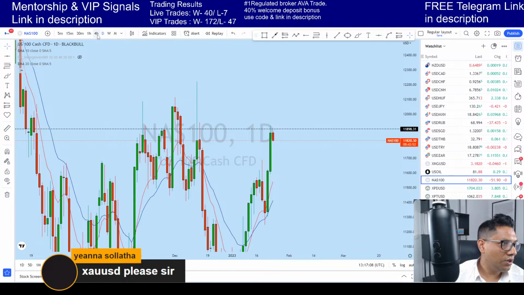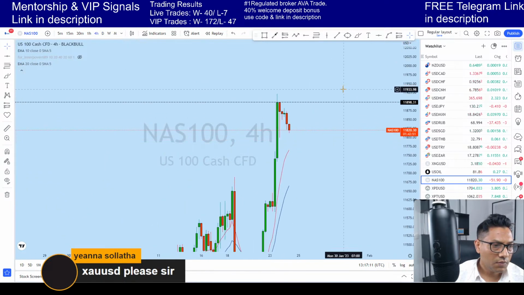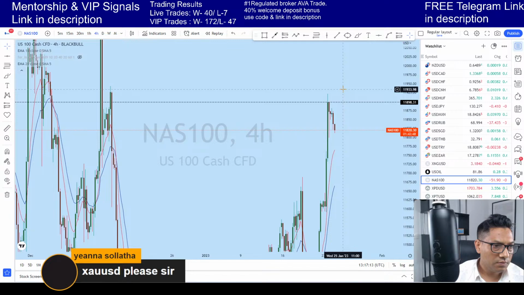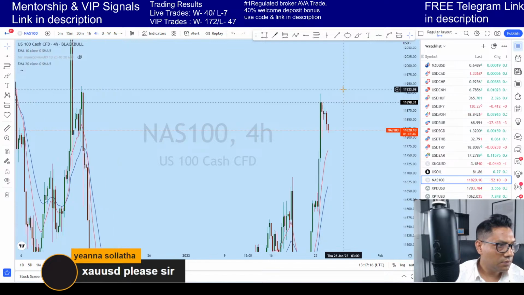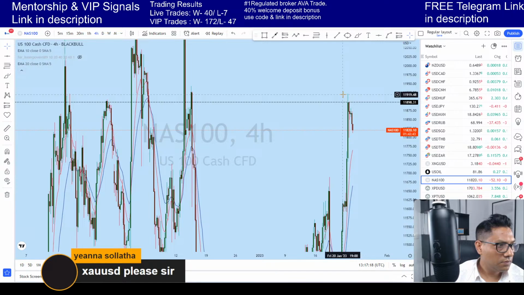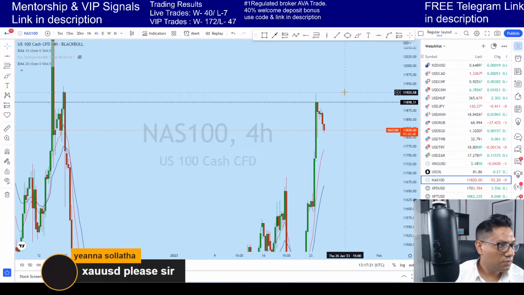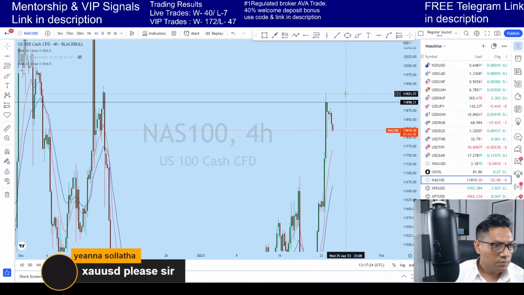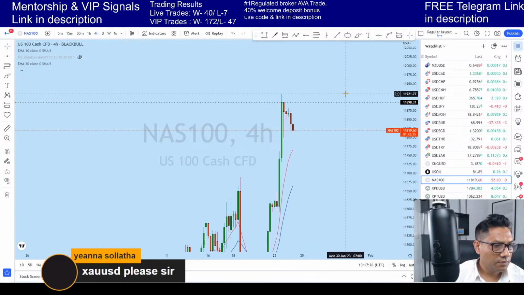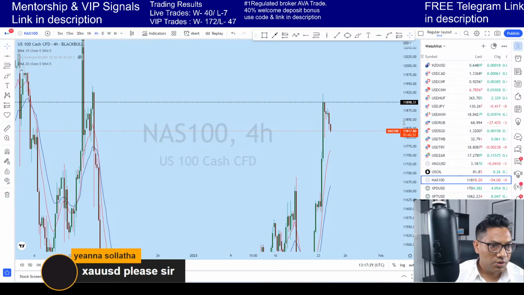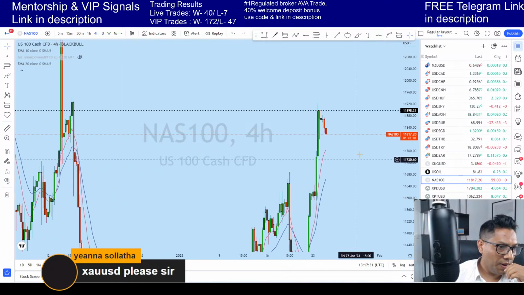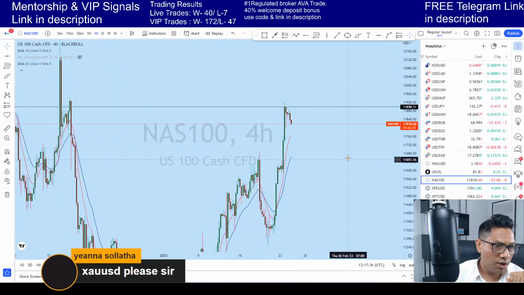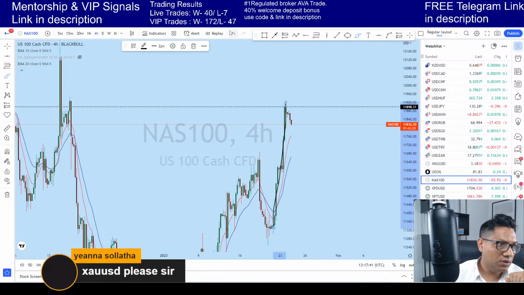This is the resistance zone here. Okay, so what I think, guys, is that we might see a reversal on this one as well if we see the DXY going up, because NASDAQ, as you can see from here, has a very strong vertical move, and there wasn't significant retracement in this price action.